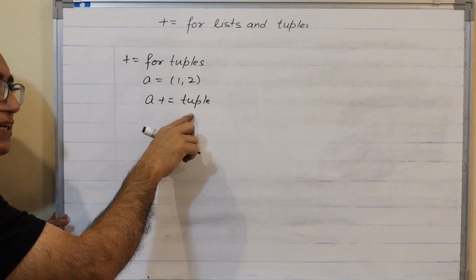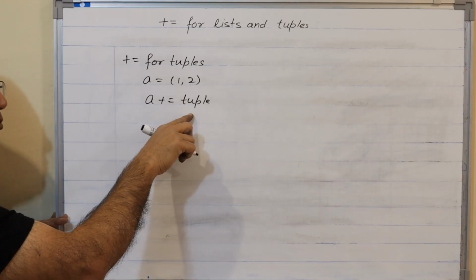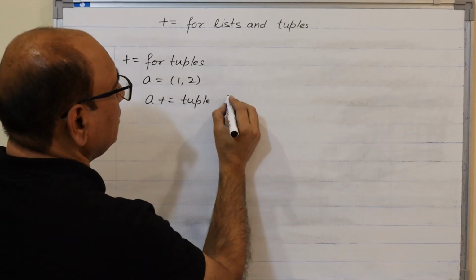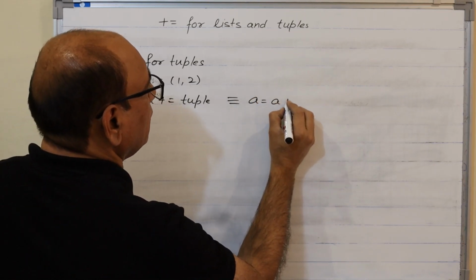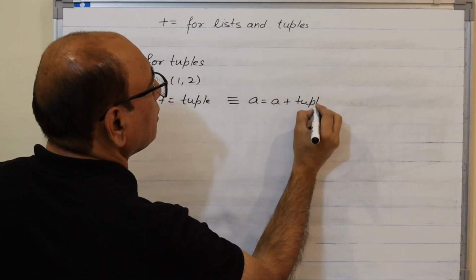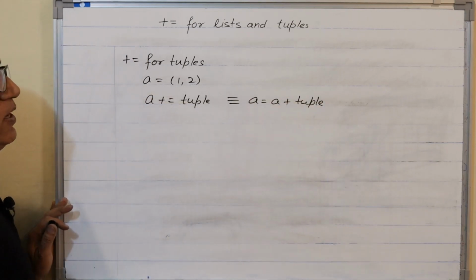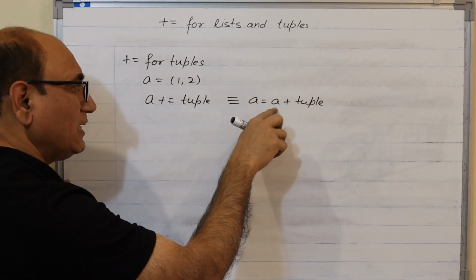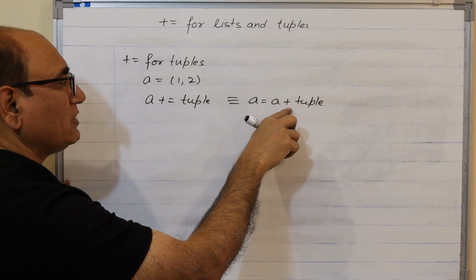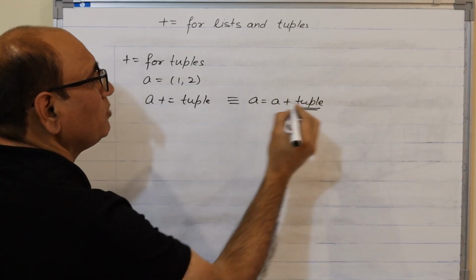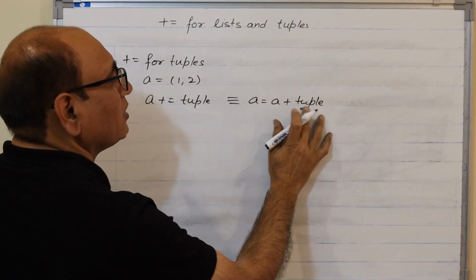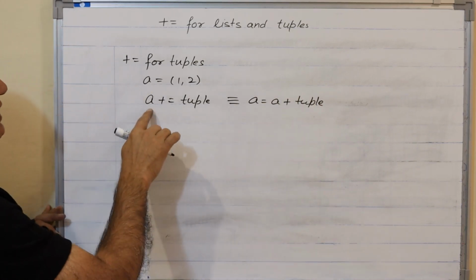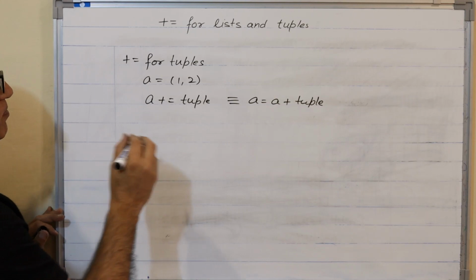I cannot give any other object, I have to give a tuple only, because this is equivalent to A equal to A plus tuple. Now A plus tuple, because A is a tuple and this is concatenation, so the next thing has to be a tuple only. It cannot be anything else. So that is why we can say A plus equal to tuple only.